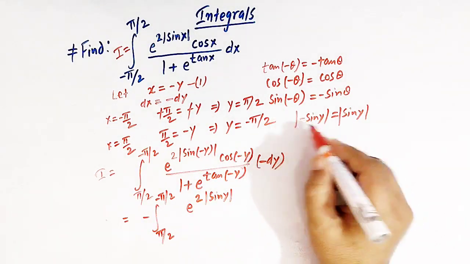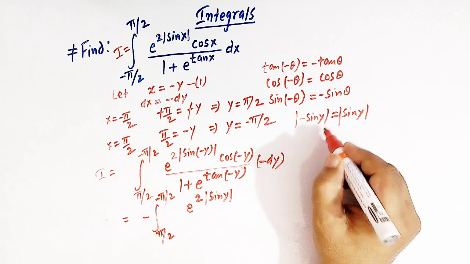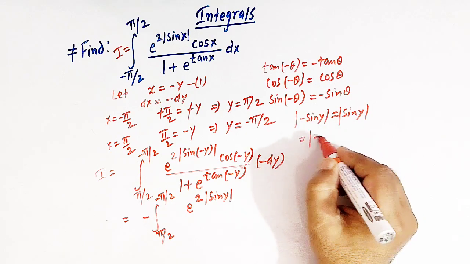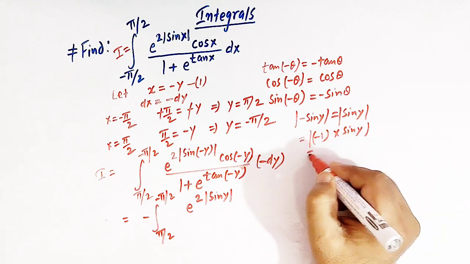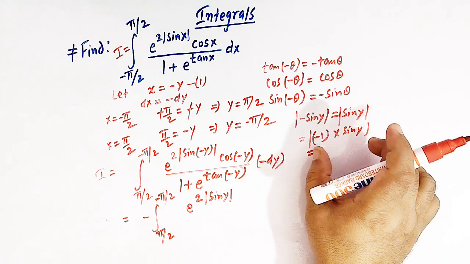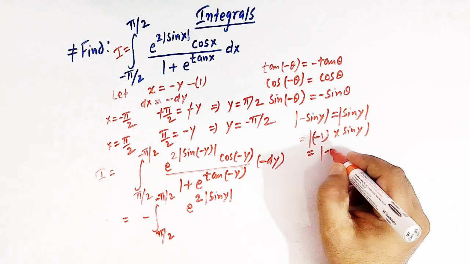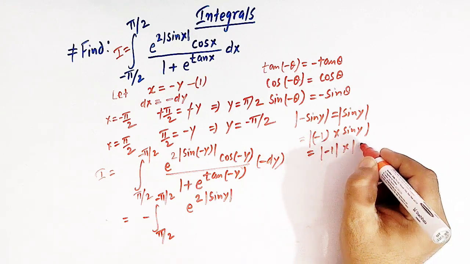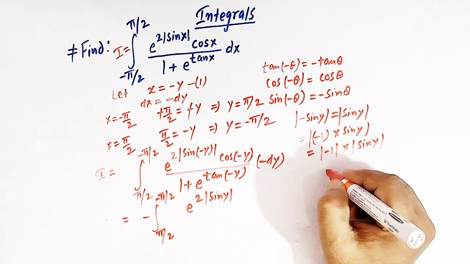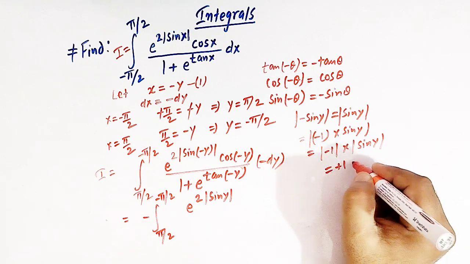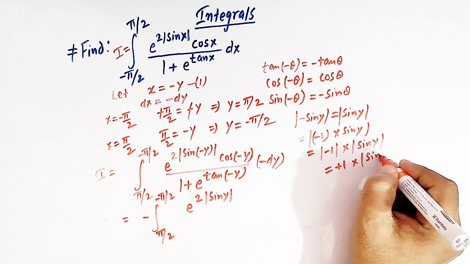We can also write mod of minus sine y as mod of minus 1 times sine y, and by the rules of the modulus function we have mod of minus 1 times mod of sine y, and mod of minus 1 is plus 1. So we have here mod of sine y.